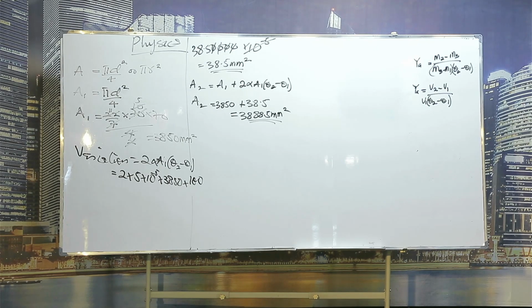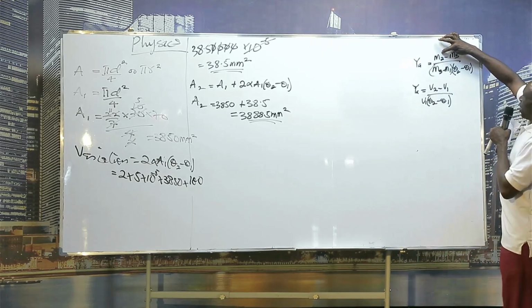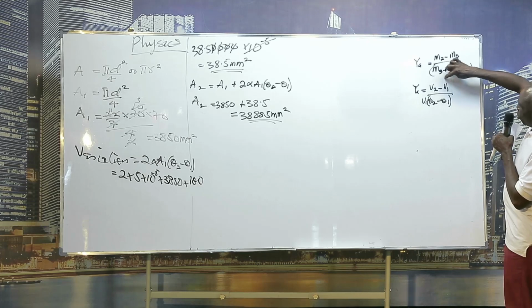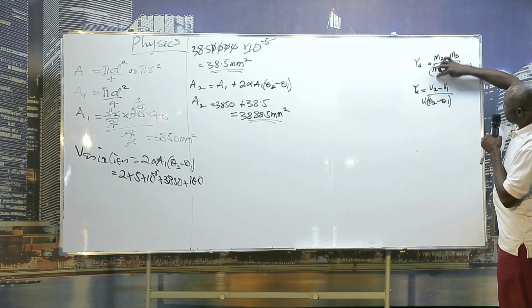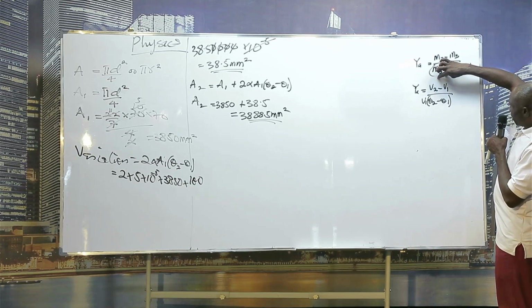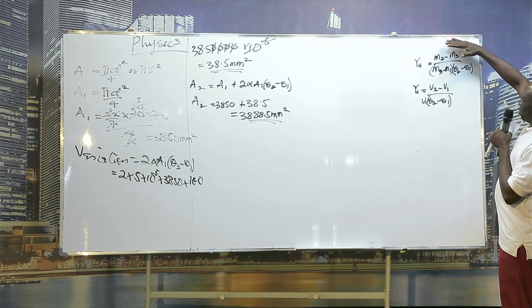So when you hear expelled, expelled is M2 minus M3. The whole of this is liquid expelled. The whole of this is liquid remaining. This is temperature rise.